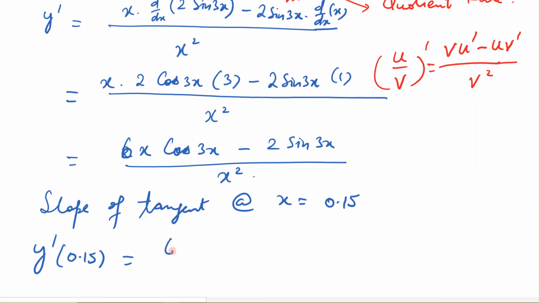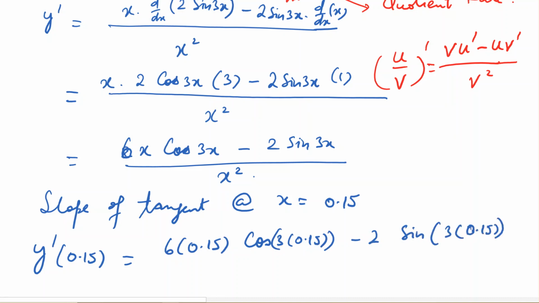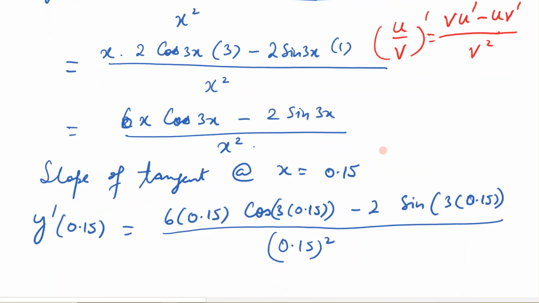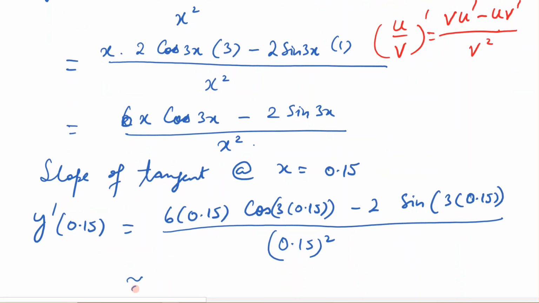So we get 6 times 0.15 cosine of 3 times 0.15 minus 2 sine of 3 times 0.15, the whole thing divided by 0.15 square. And when we calculate this, we get approximately negative 2.65.